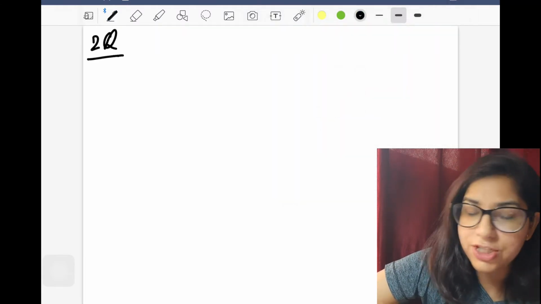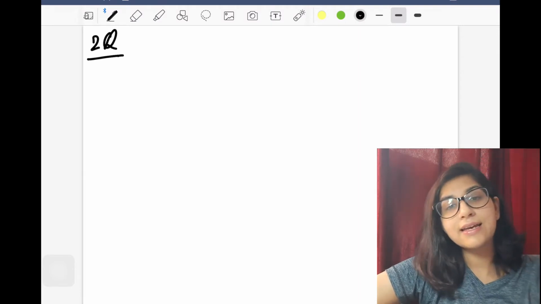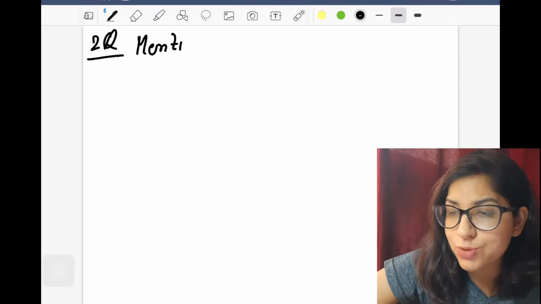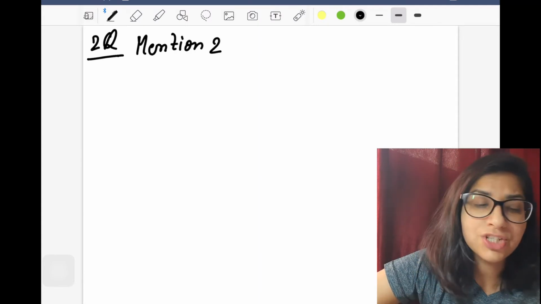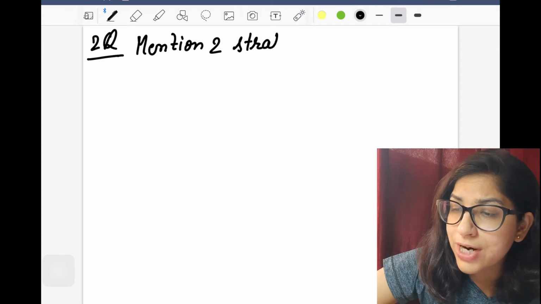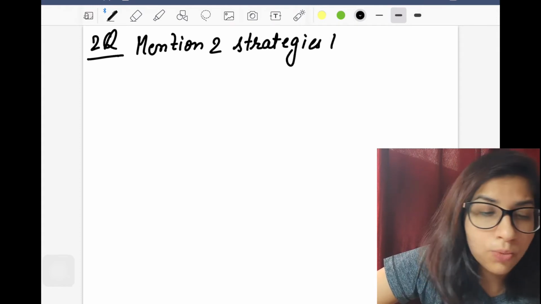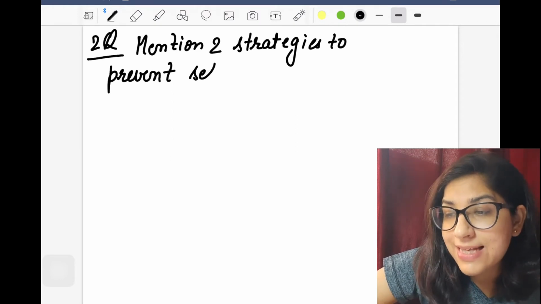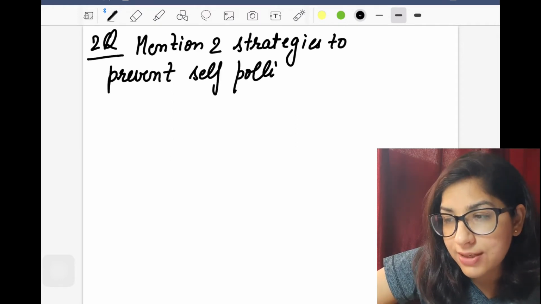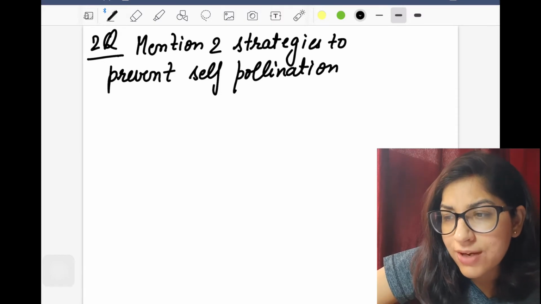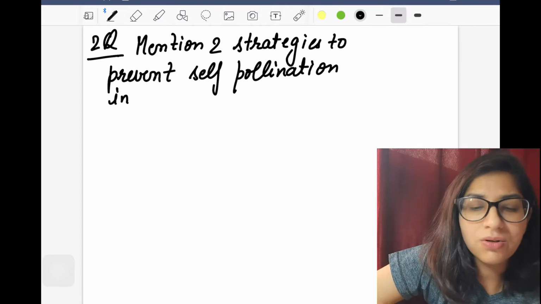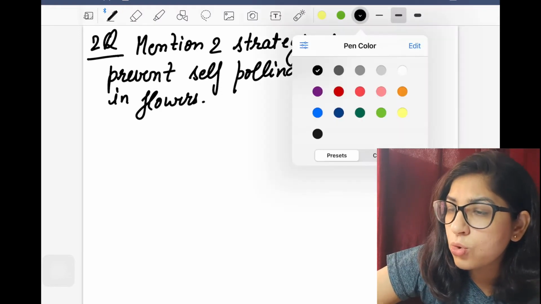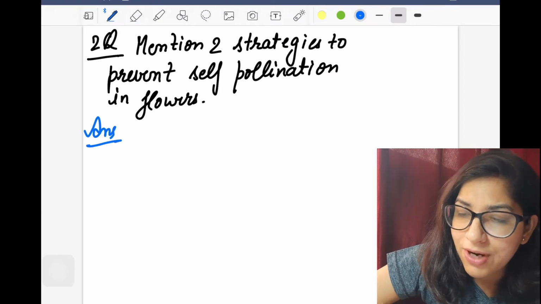Okay, the second question we are taking here is: mention two strategies, two such techniques, to prevent self pollination in plants. So give any two methods or techniques so that there should be no self pollination in the flowers.